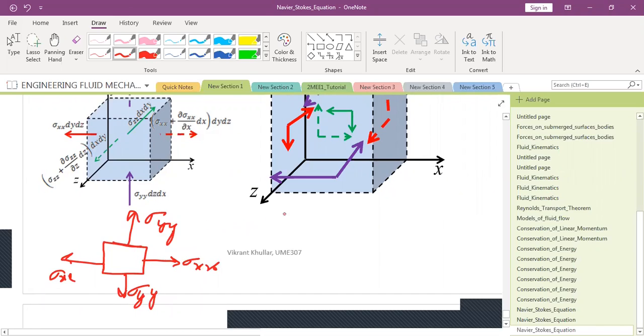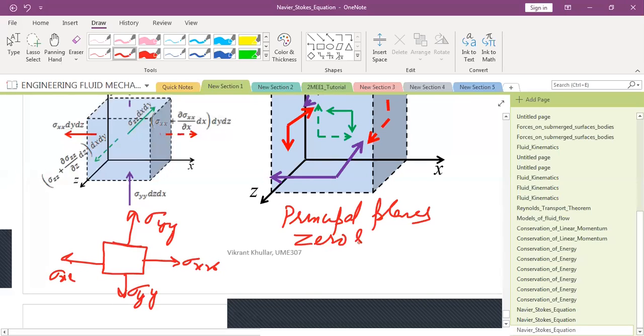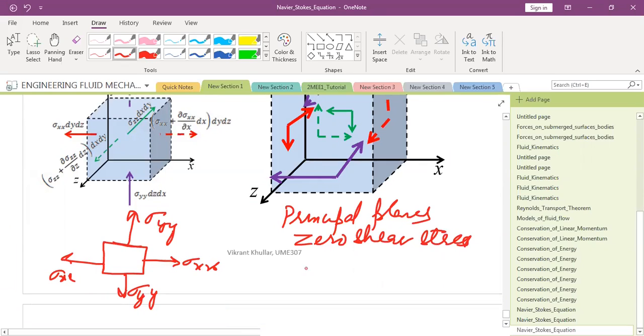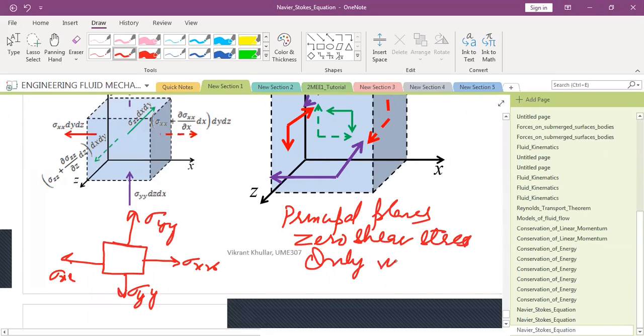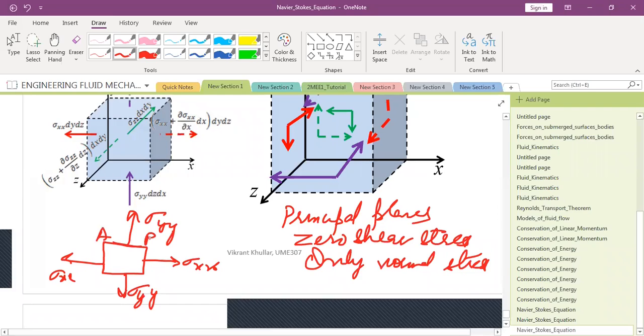So please remember, principal planes are the planes on which there is zero shear stress, and there is only normal stress. Can you let me know in this case which planes are principal planes?